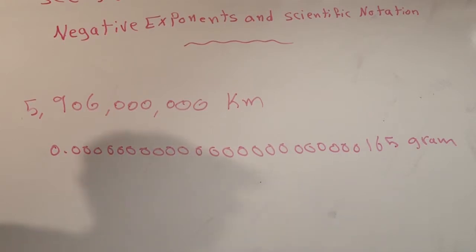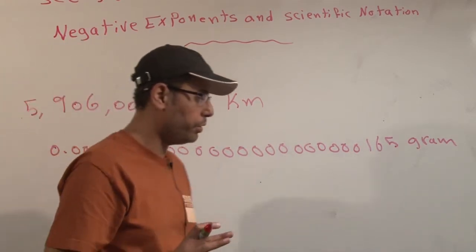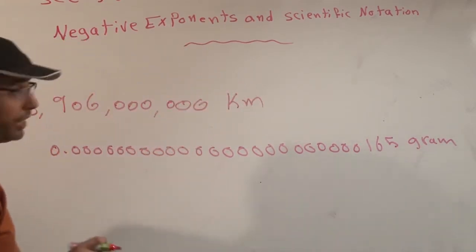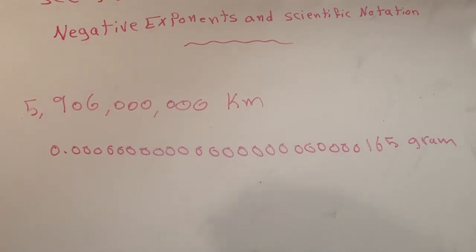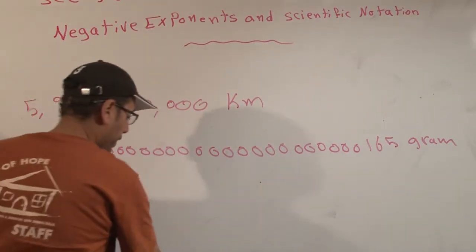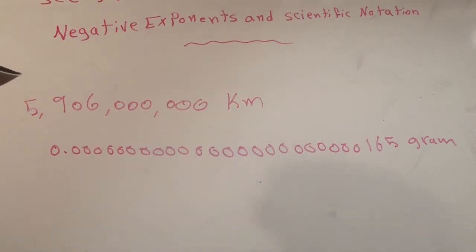So this stuff is usually used in science. That's why we call it scientific notation. So, for sure there is a way to take care of that in a reasonable way.